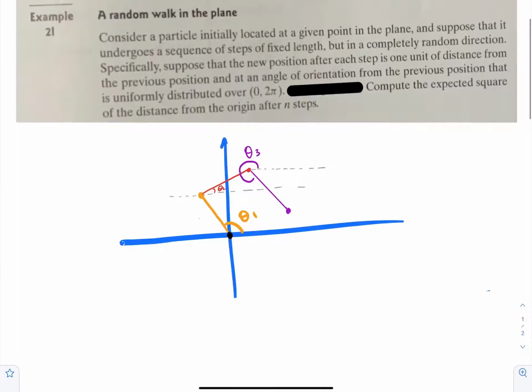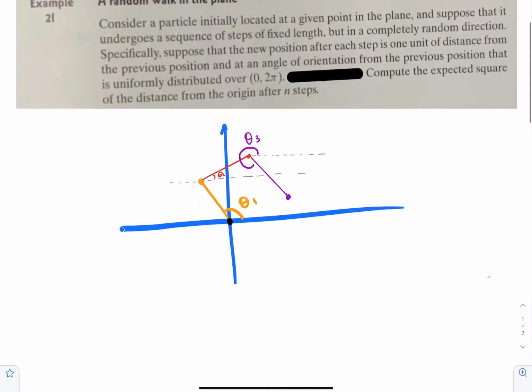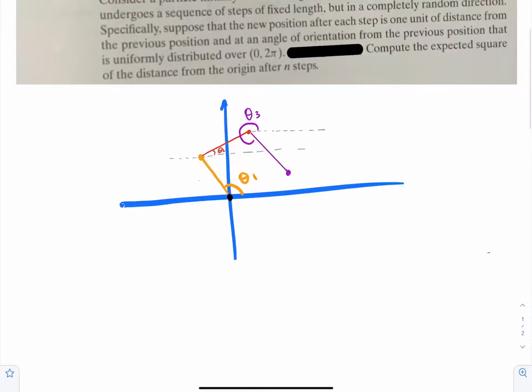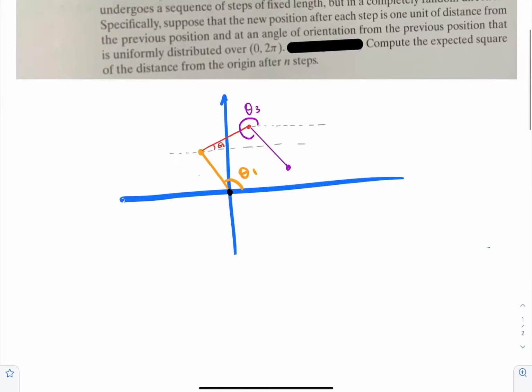Okay, so what we want is to compute the expected square of the distance. Let's approach this problem. And what we will do is, we will say, let xi and yi be the coordinates of the vector that is your ith step.